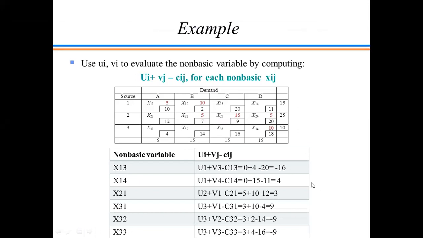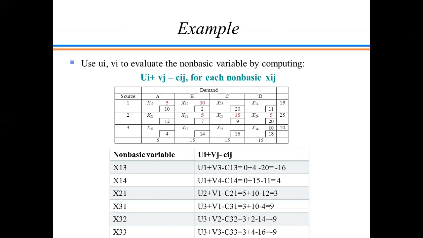You can see here in the calculation, if no positive value, then automatically the answer is already optimal. But if you notice in the table, we still have 3 variables that have positive value, which is x14, x21, and then x31. Okay, so it's not optimum yet.